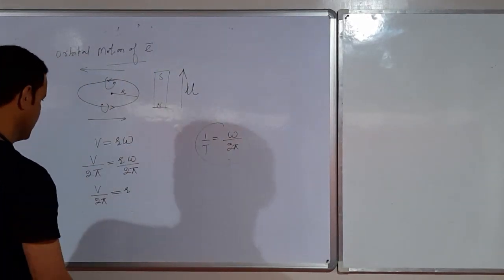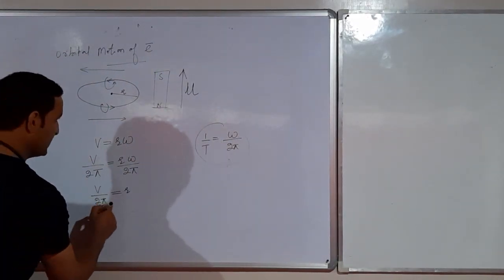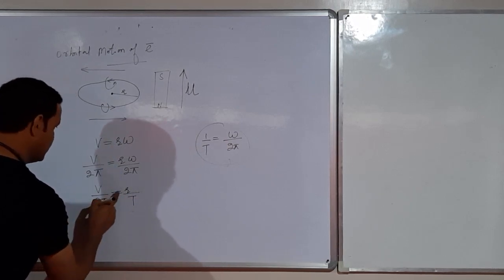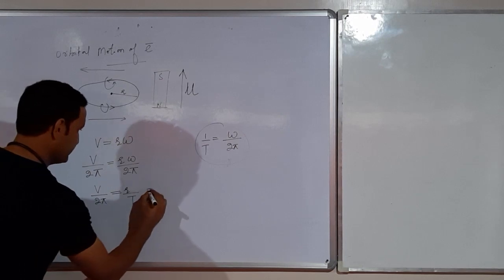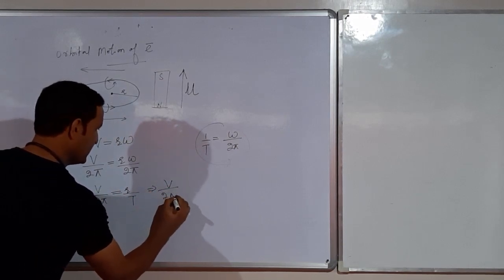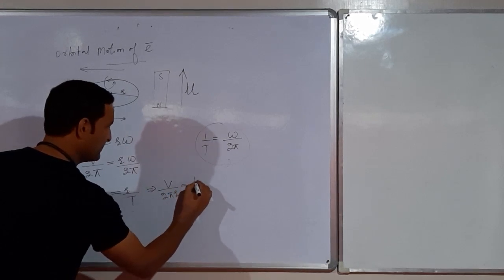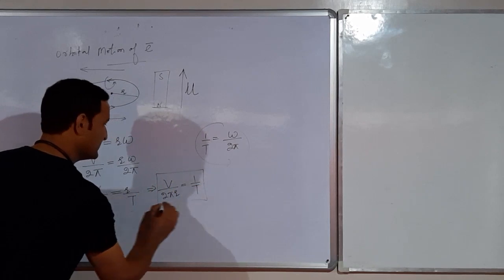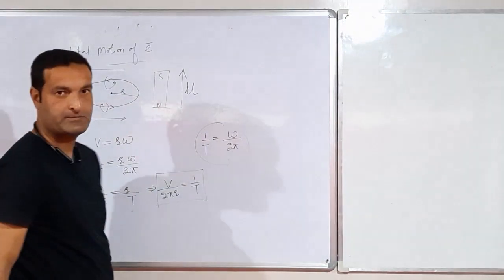So v upon 2 pi r is equal to 1 upon T. This is the relation for the inverse of the time period.